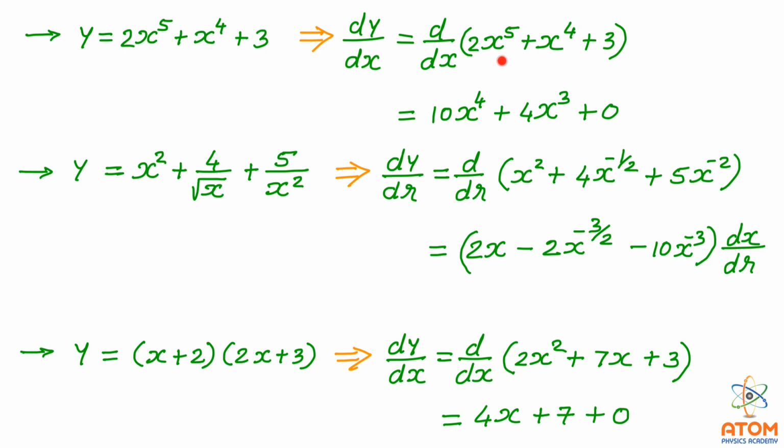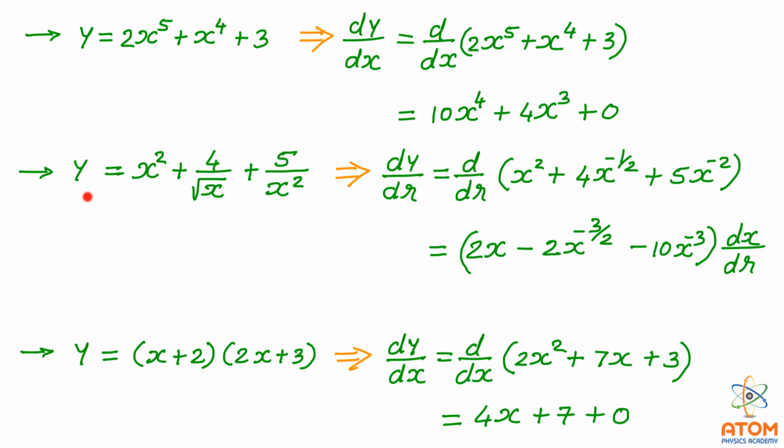Now for the first term, this 2 will remain as it is, and differentiation of x raised to 5 will become 5x raised to 4. So 2 into 5 becomes 10 x raised to 4. Here this is x raised to 4, so differentiation will be 4x raised to 3, and differentiation of 3, that is a constant, will be 0.